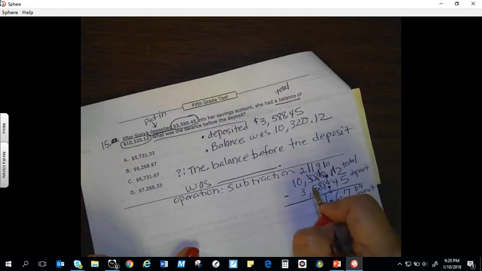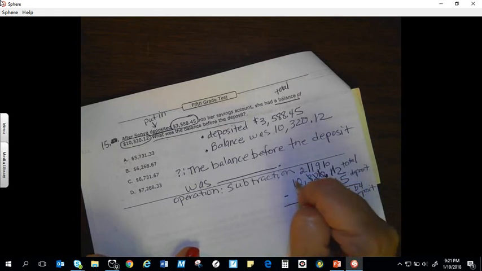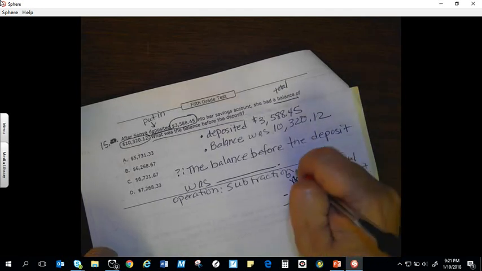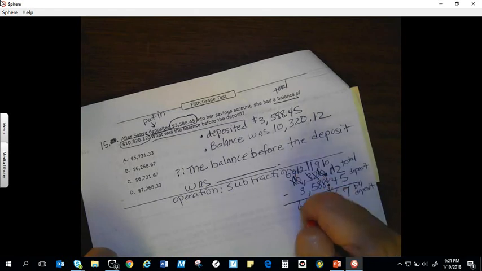I have my 5. Can't take 5 out of 2. Have to come over here and regroup. Can't take it from 0, so I'm going to take this. It becomes a 0, makes this a 10. Take this out, makes that a 9, and bring this over. 12 minus 5 is 7. 9 minus 3 is 6.